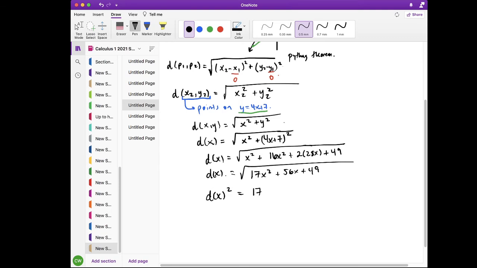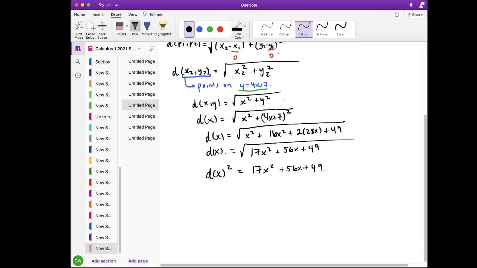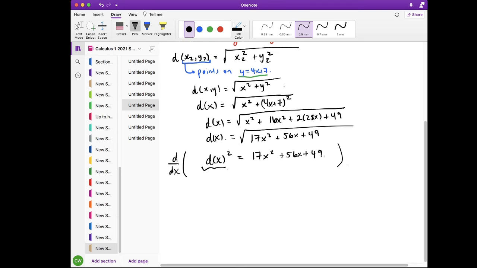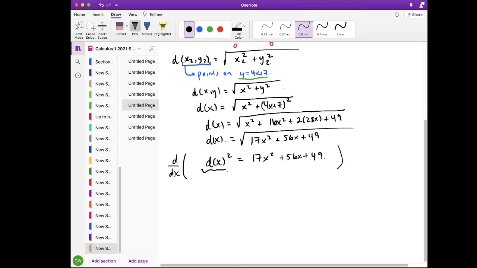When you take the derivative, what do you do with the d of x squared? Do you know how to take the derivative of this? So this little final review.